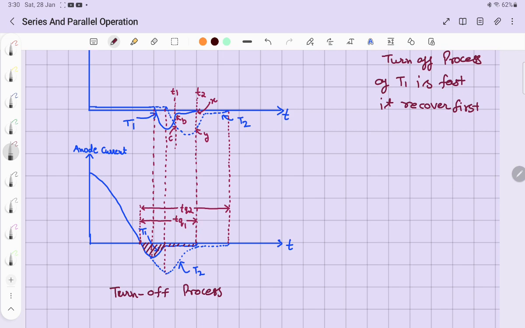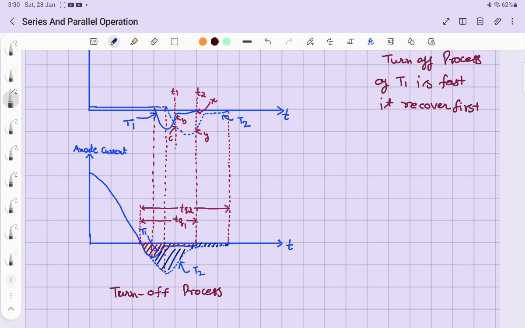whereas thyristor 2 has not recovered. Here you can see it has not recovered. So there is accumulation of charge.